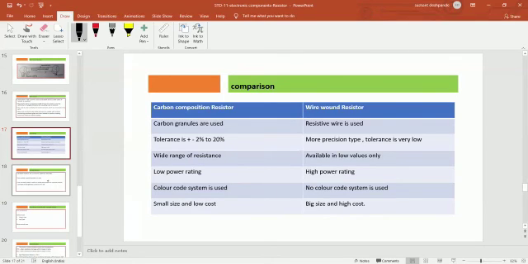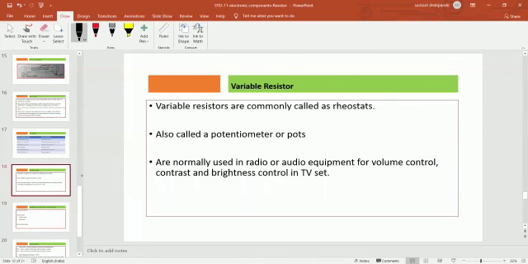But many times we require a variable resistor. Now what is a variable resistor? Variable resistors are commonly called rheostats. They are also called potentiometers or pots. They are normally used in radio or audio equipment for volume control, and for contrast and brightness control in a TV set.